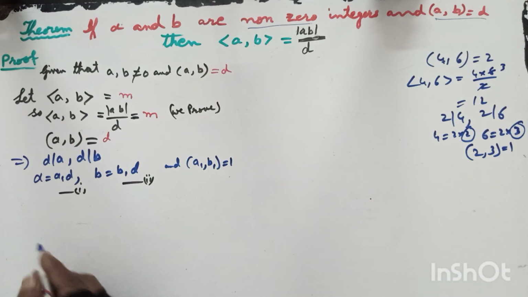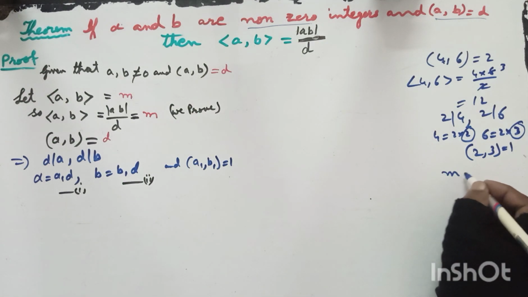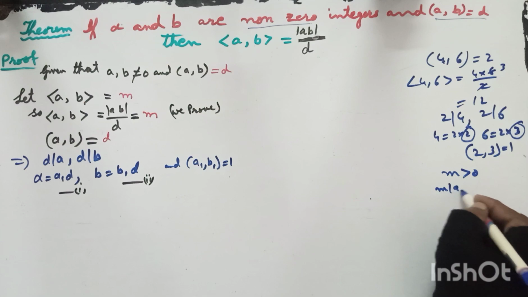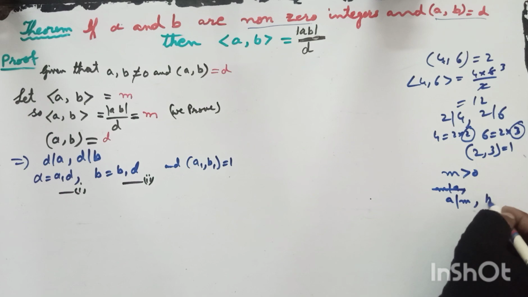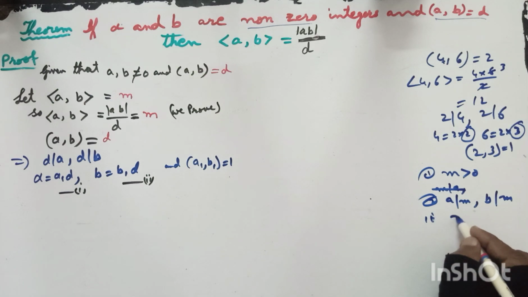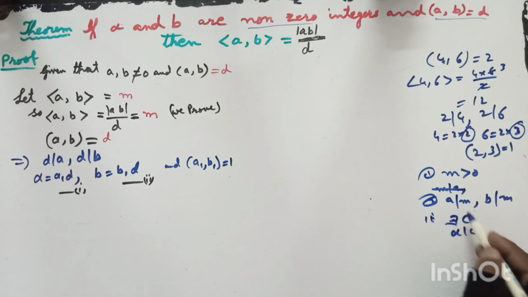Now we prove the conditions of LCM, the conditions of M. What are the conditions of LCM? First, M must be greater than 0. Second, a divides M and b divides M. Third, there exists c such that a divides c and b divides c, that is a common multiple, then M divides c.